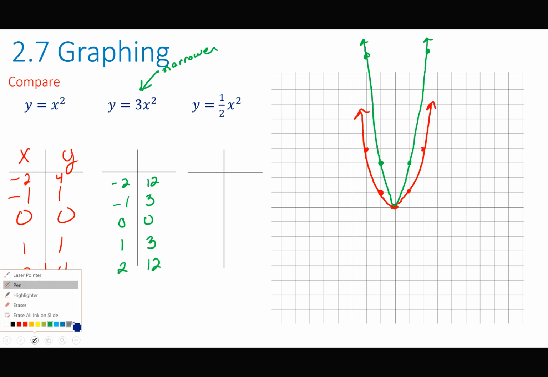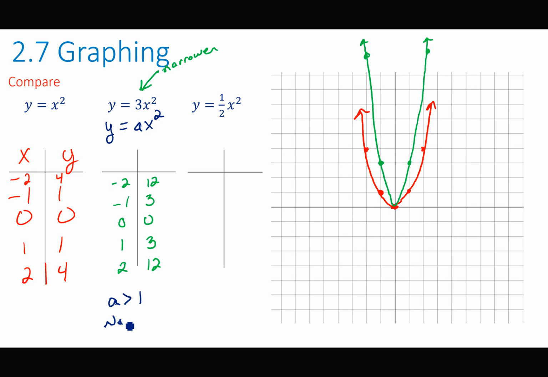And we know standard form of a quadratic is y equals ax squared, where a represents some number. So in this case, in our middle column here, a is 3. And so if our a value is greater than 1, it makes it narrower. It makes our graph narrower in relation to just that basic function.